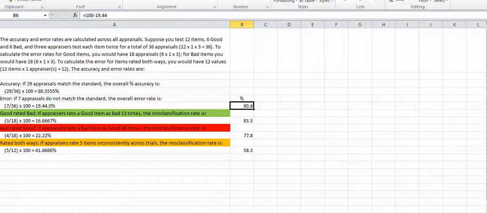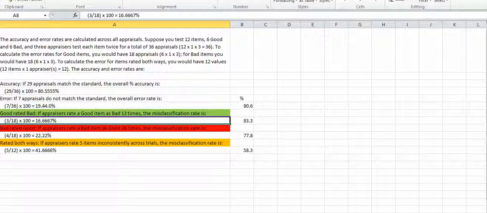If we look at good rated bad, we have 3 out of 18. If you remember, we had a population of 12 parts, and 6 of them were good and 6 of them were bad, just to make the example much simpler. So in our case, we had 6 good and 6 bad, and we measured those 6 good or 6 bad 3 times because we have 3 trials.